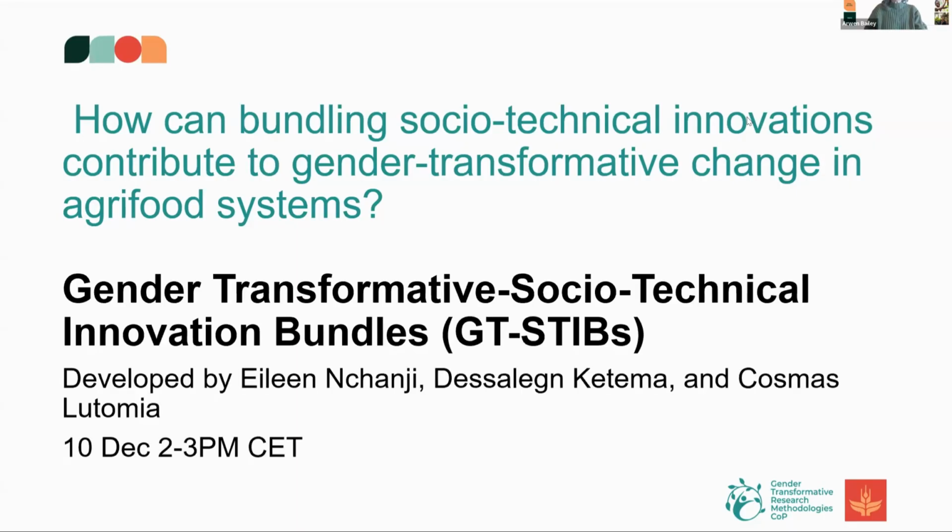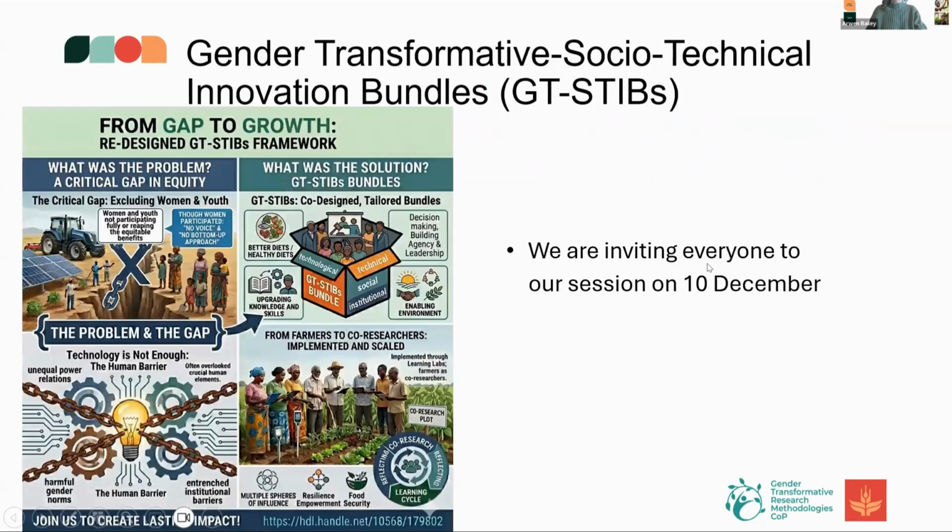This tool has been developed by Eileen, Chanji, Desalien and Cosmos at the Alliance of Biodiversity and CIAT. It's gender transformative socio-technical innovation bundles, much more easily pronounced as GT-STIBs. So Eileen, are you going to tell us about GT-STIBs?